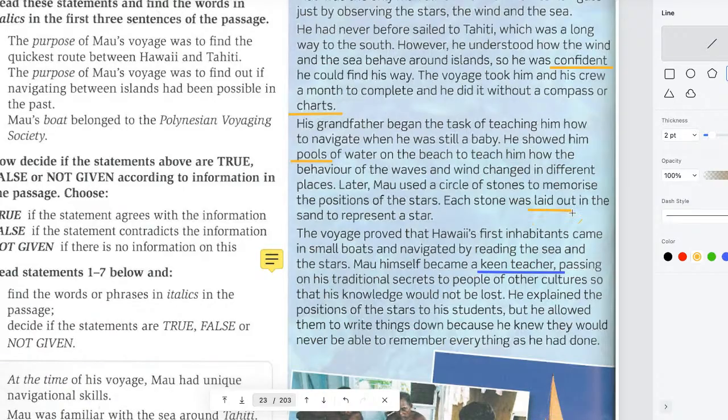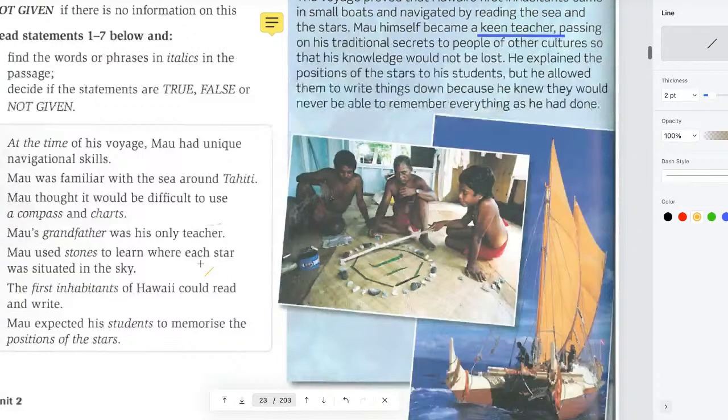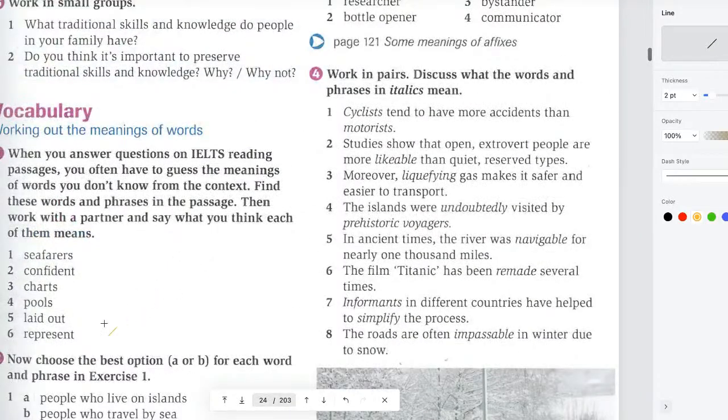Laid out means people put, like put. Each stone was laid out in the sand, I mean, was put in the sand, to represent a star. The last word, represent.